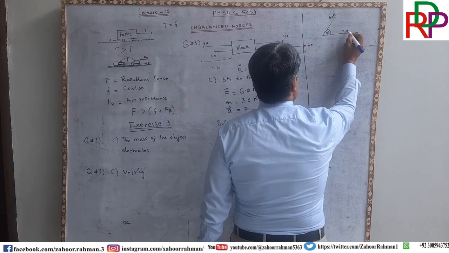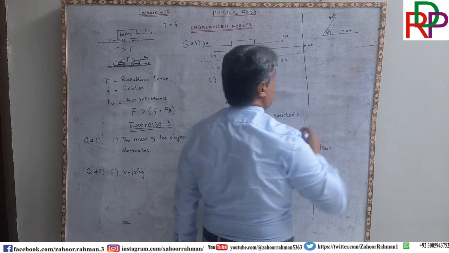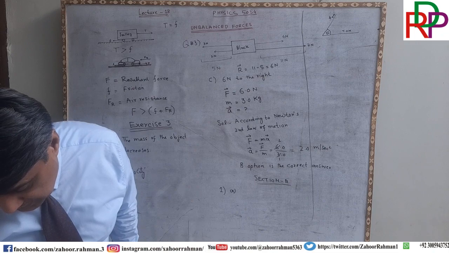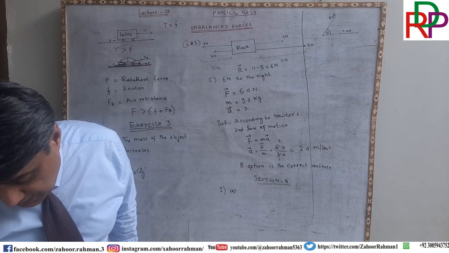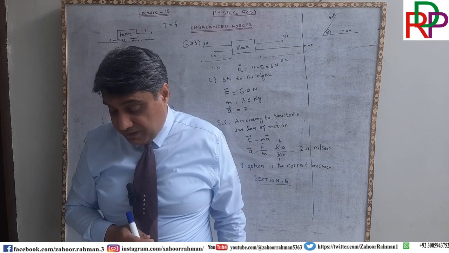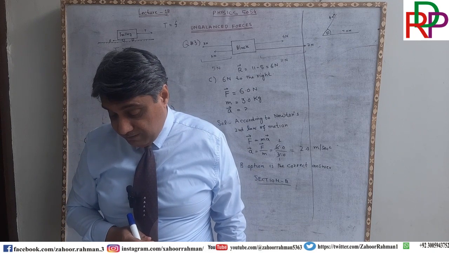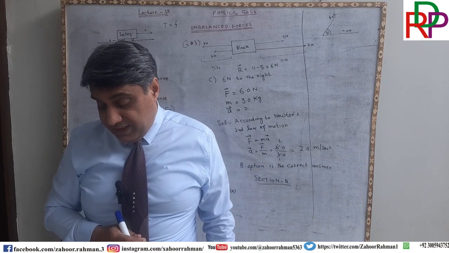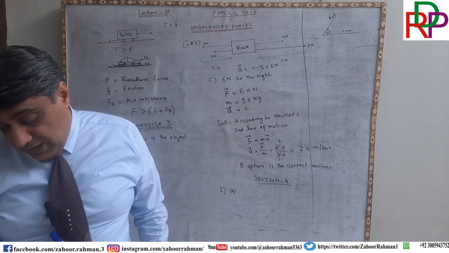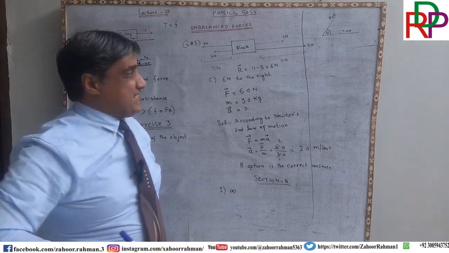This one is given as 7 Newton. And they are making an angle of 50 degrees. Determine the magnitude and direction of the resultant force on the body B by means of a scale diagram.